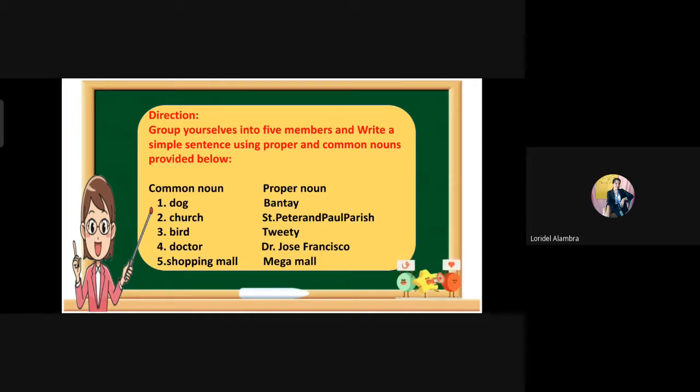Okay. So, next, again, what are the 2 types of nouns? Very good. The 2 types of nouns are common nouns and proper nouns. Next, what are common and proper nouns again, class?